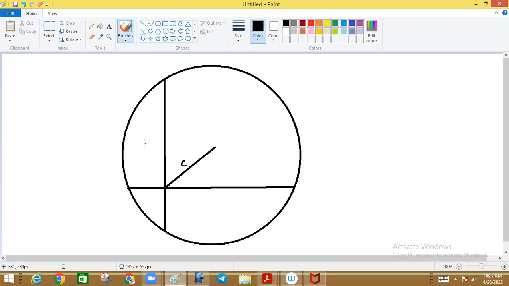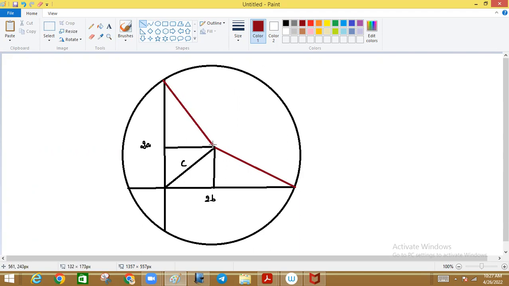Now tell me, what is the length of this chord? The length of this chord is 2a, and the length of another chord is 2b. Draw the perpendiculars on this. What are the radius? This one is a radius.